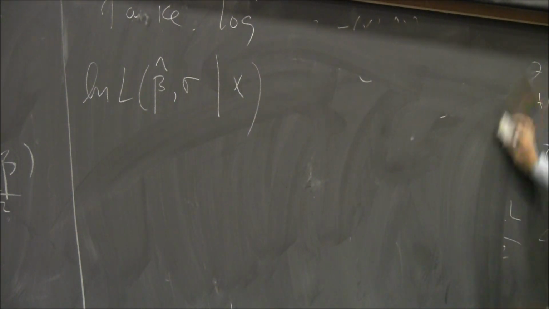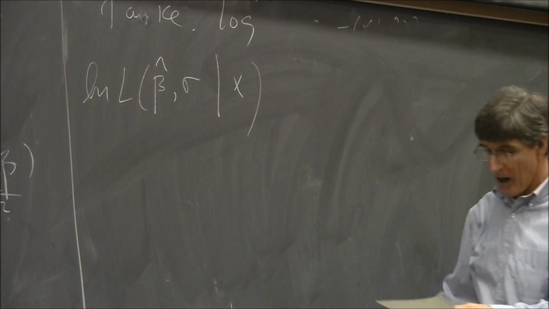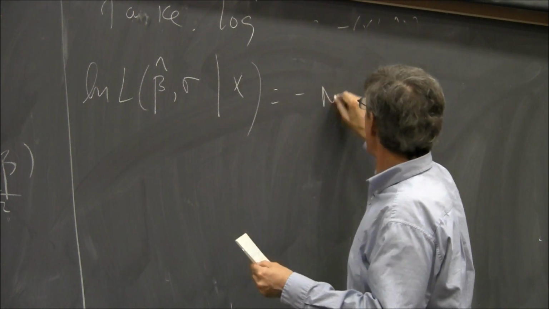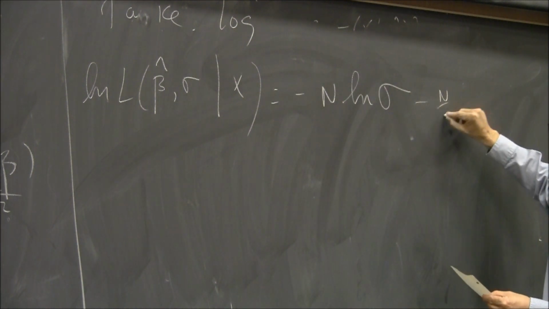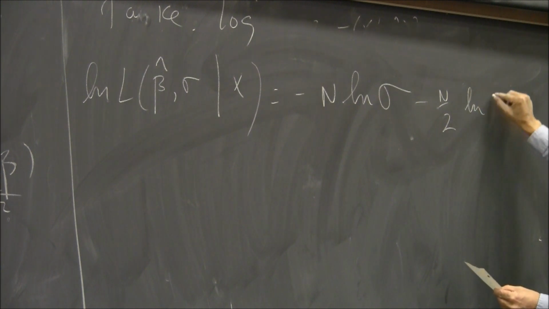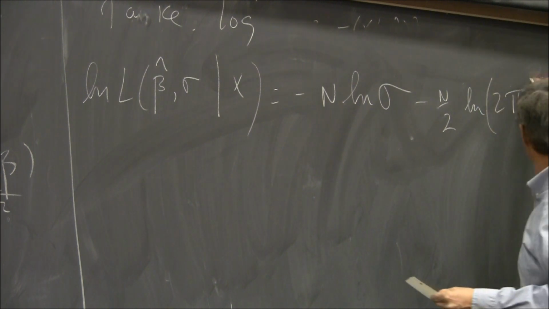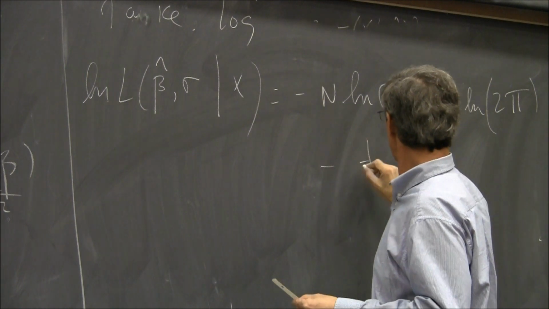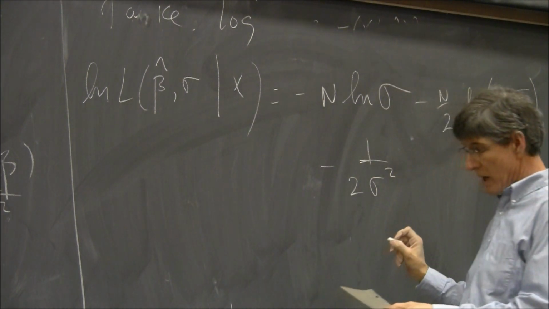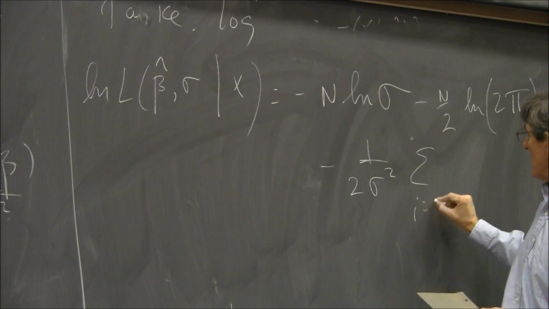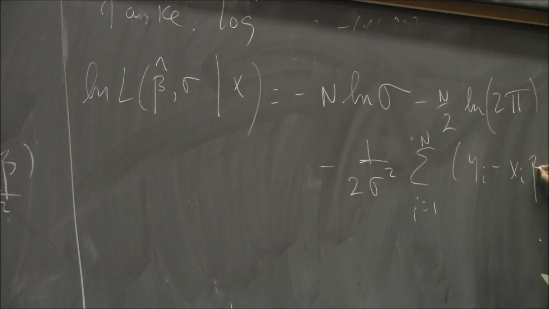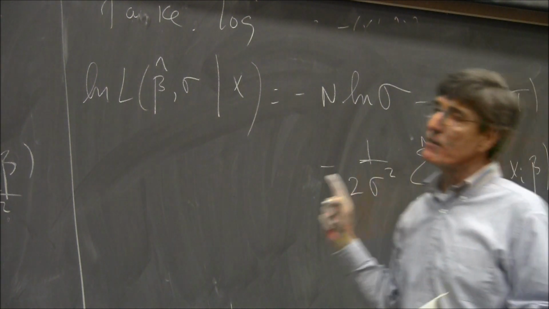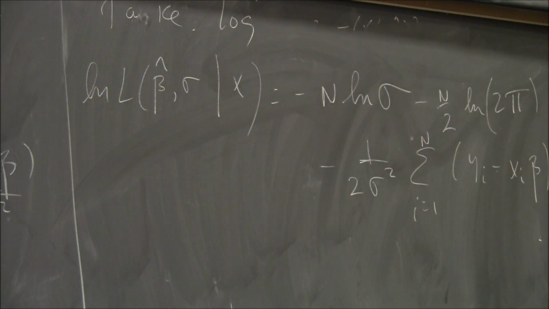Turns out to be, once you take the log of that thing, minus n log sigma minus n over 2 log 2 pi minus 1 over 2 sigma squared, sum from i equals 1 to n of the yi minus xi beta squared. So all I have to do is take the derivative with respect to that and set it equal to 0.